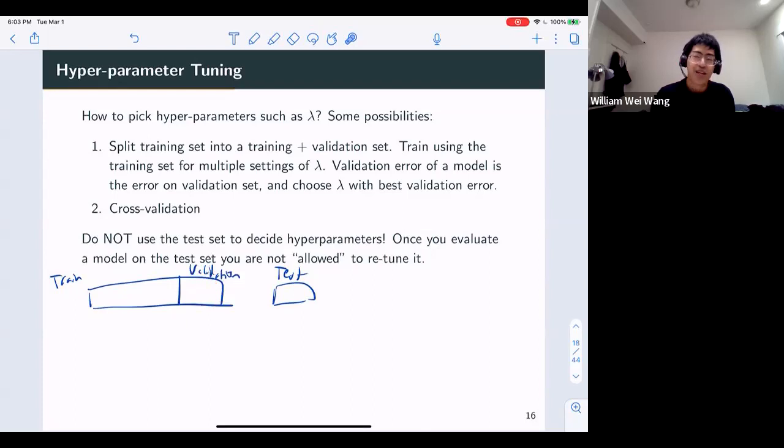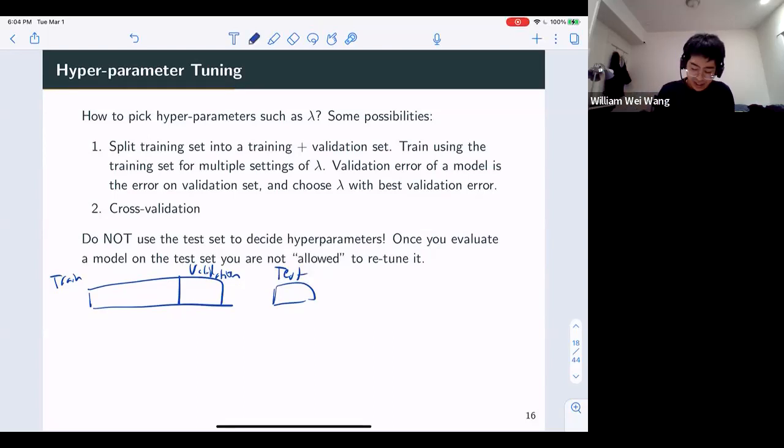And then you would treat that as the error for lambda equals 1. Maybe you want to try lambda equals 10 as well. You do the same thing, and then you compare the error rates that you get, and you choose the best lambda. You're not allowed to touch this test set until you're doing the last phase where you actually want to do prediction, because if you pick lambda to optimize the test set, then there's no point in having the test set. That's supposed to be held out so you can evaluate how good your estimator is.